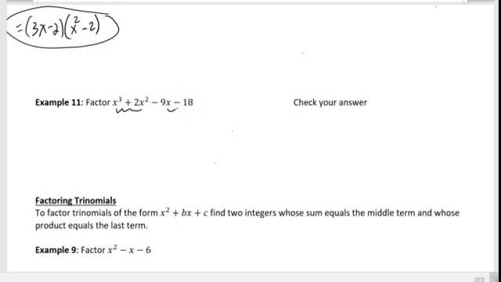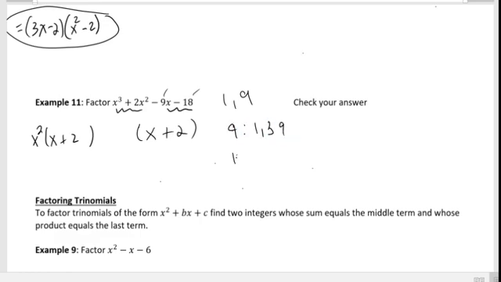So if I put these together, then the first two only have an x squared in common. So that's going to give me an x plus a 2. So we want to have the same thing on this side. So we have x plus 2. And then the 9 and the 18, what they have in common, for the number 9, we have 1, 3, and 9.